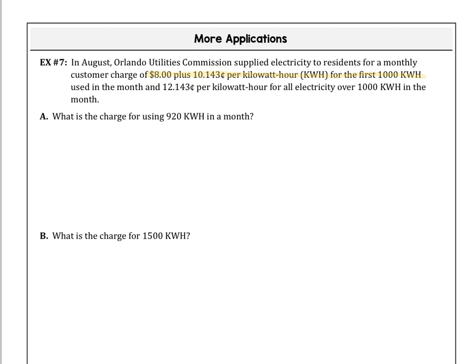So that means for 920, this is going to be $8 plus, oh, it's in cents, so I better change that, right? 0.10143 times 920. And if you put that in your calculator, I think you get 101.32.